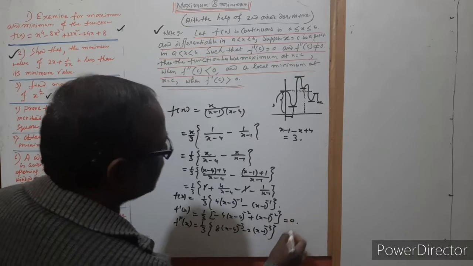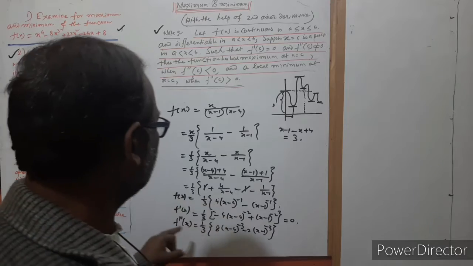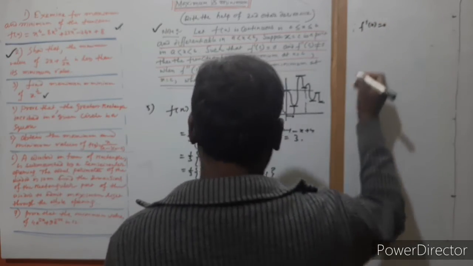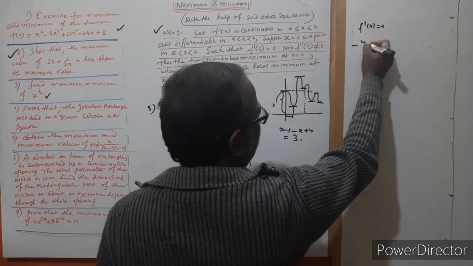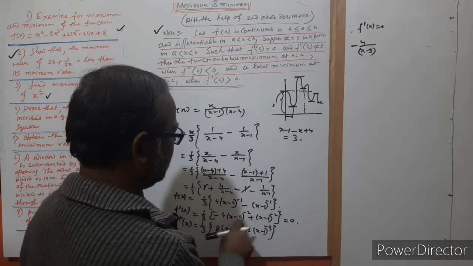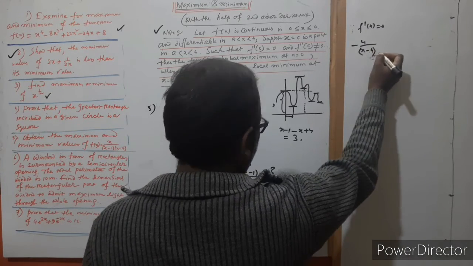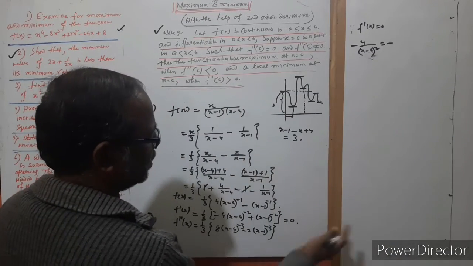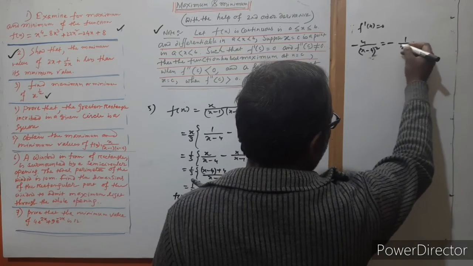The first order should be 0 here, and now find the value of x. So the first order f dash x is 0. So we can write minus 4 by (x minus 4) whole square equal to minus 1 by (x minus 1) whole square.